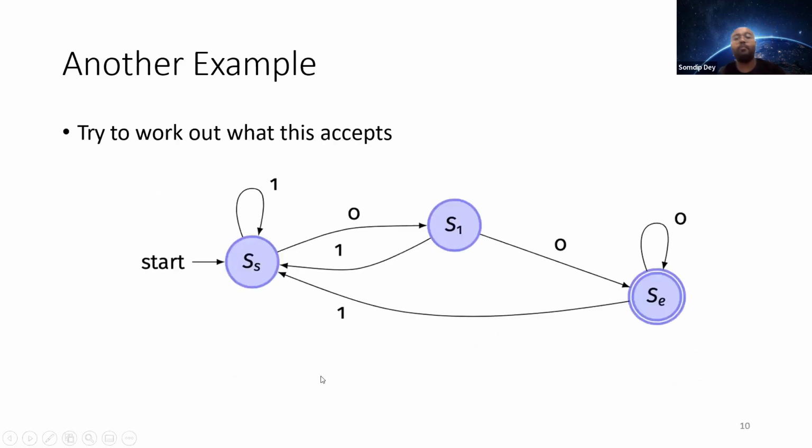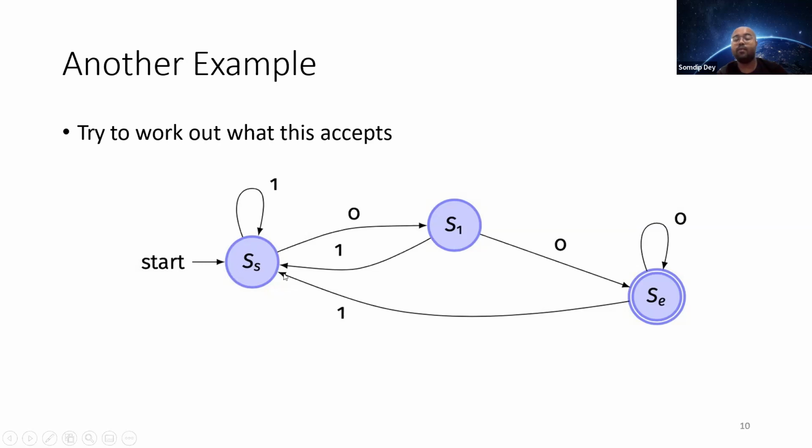Let's take a bit more complicated example of a finite automata. This machine has a start state SS.